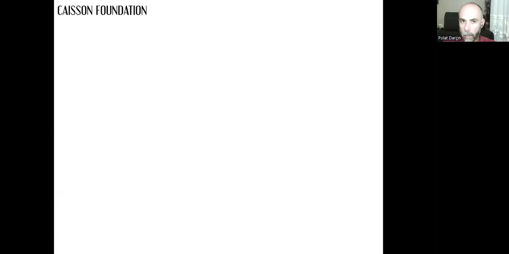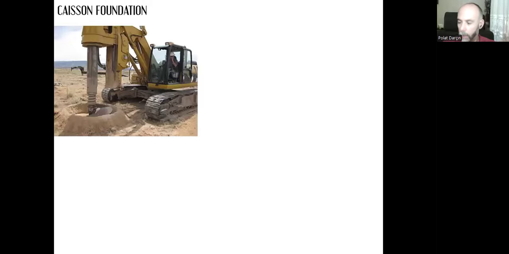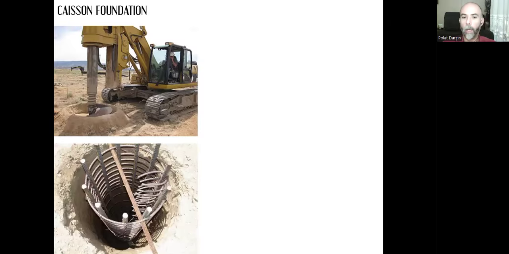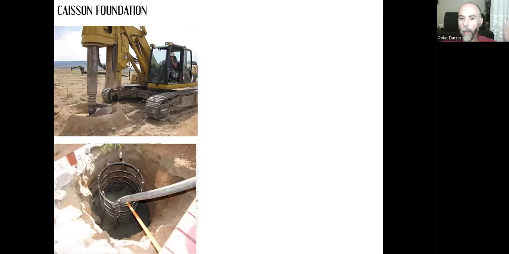Caisson foundations, it's a little bit different. We use boring first. We create a very long hole in a larger diameter, obviously. And then inside that hole, we place reinforcement bars and we pour concrete.